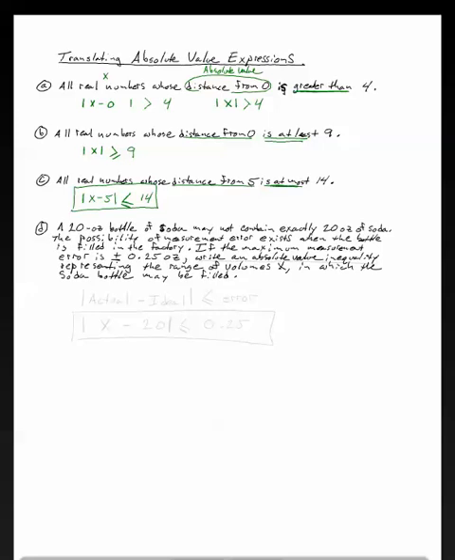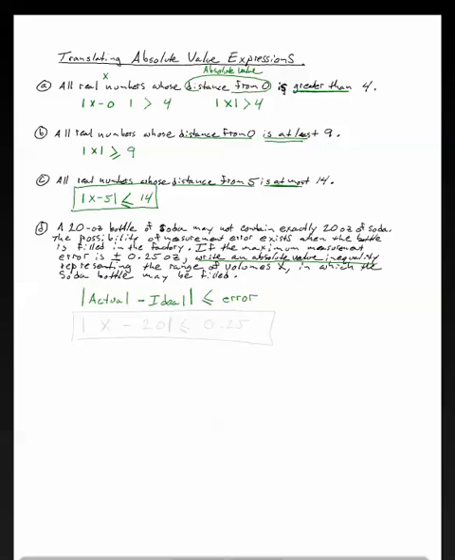So we're being asked to write an absolute value inequality representing the range of volumes. So when we do this, we have our formula. And that is that the absolute value of the actual measurement, which I'll just call actual, minus the ideal, what we would actually like the bottle to be filled to, needs to be less than or equal to the amount of error that we allow.